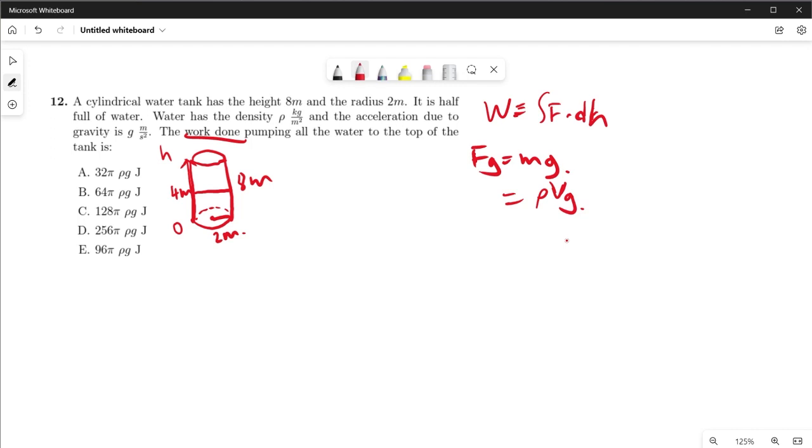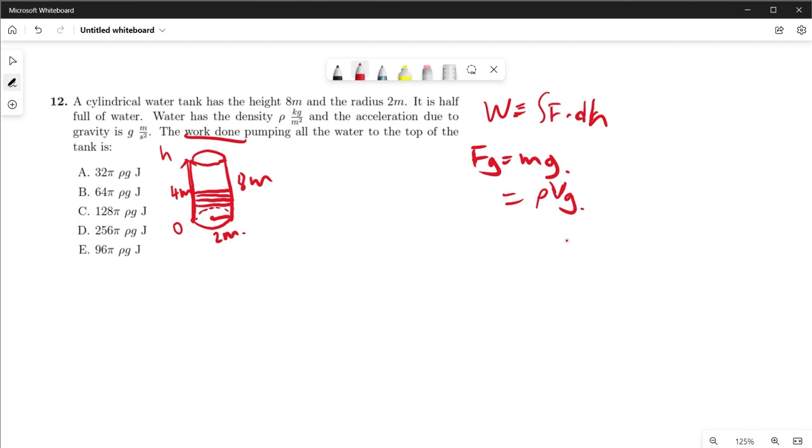For the work, since every level of this cylindrical water tank will travel a different distance, we want to separate this into disks, right? Every small level, creating really minute levels, where each one has a different amount of work to be done.